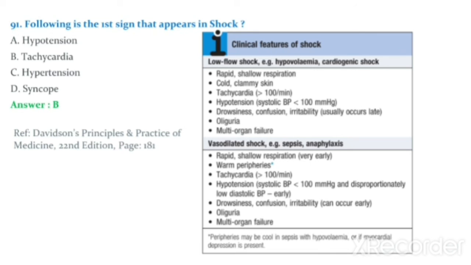Drowsiness, confusion, and irritability usually occur late. Oliguria, multi-organ failure.